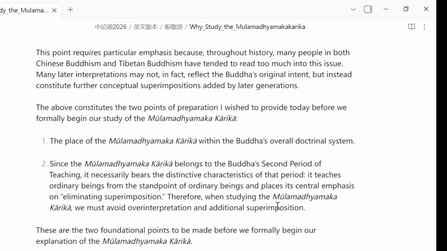Therefore, when studying the Mula Madhyamaka Karika, we must avoid overinterpretation and additional superimposition. These are the two fundamental points to be made before we formally begin our explanation of the Madhyamaka Karika. Okay, that's all for today.